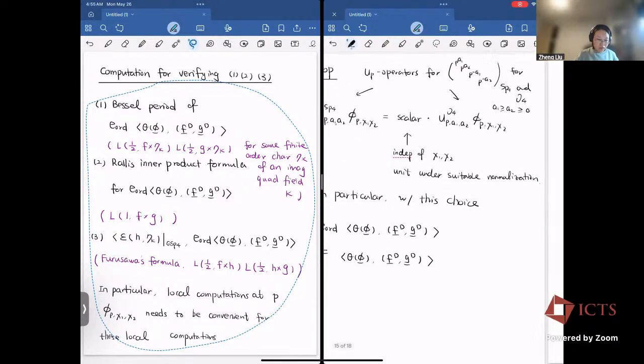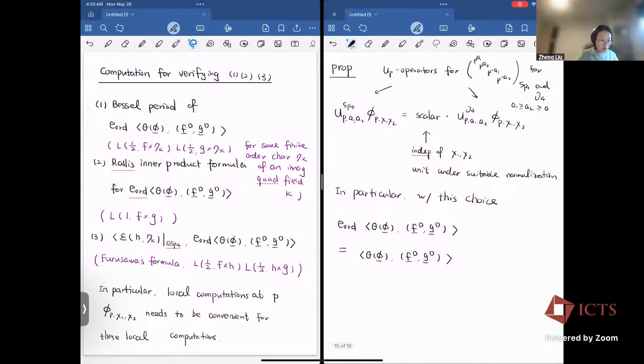And with this choice, the shape is also very convenient to directly verify, following the method of Shih and Namikawa, that there is a unit Bessel period.